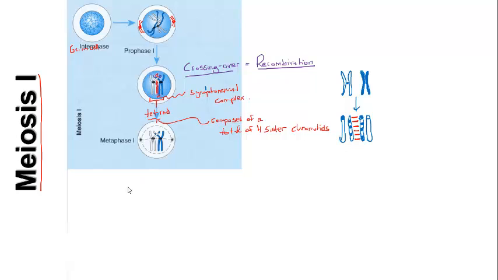Again, it's the same thing that we talked about before in mitosis, except that instead of individual bivalent chromosomes all arranging in a line here, now we have 23 homologous pairs of chromosomes joined together to form tetrads lining up here at the metaphase plate.